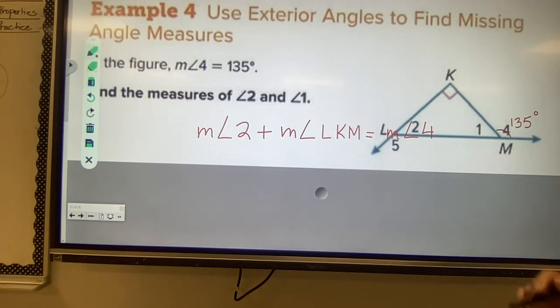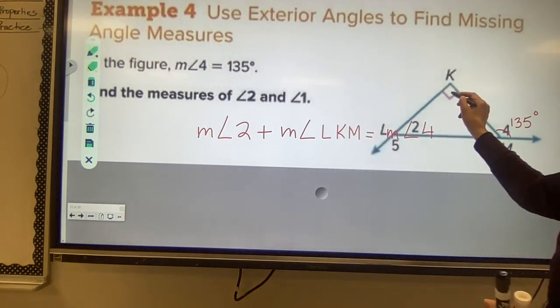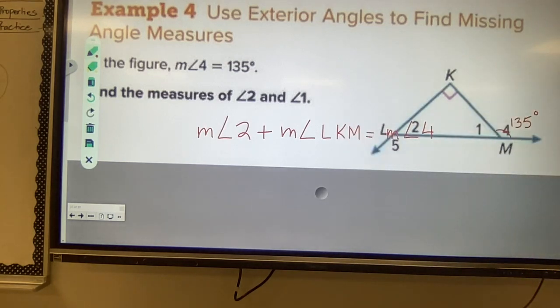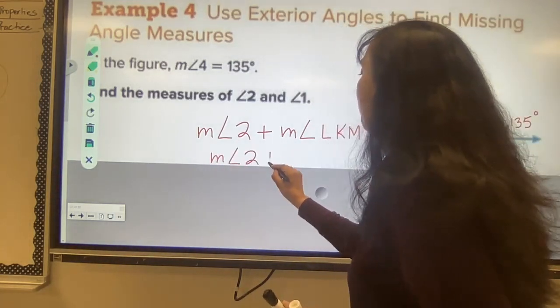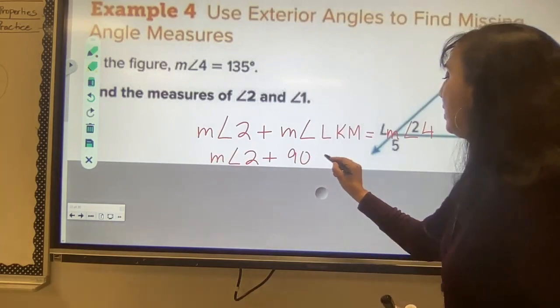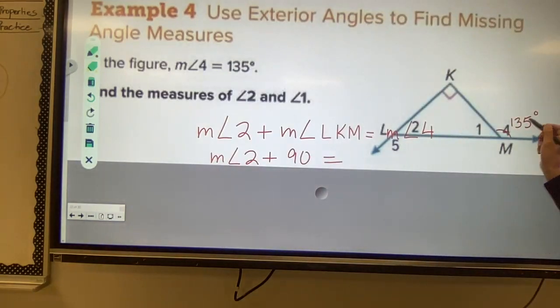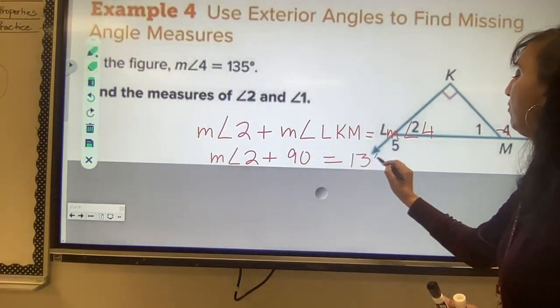We know that this part is 90 degrees, right? So we have the measure of angle 2 plus 90 degrees is equal to the measure of angle 4, which is 135 degrees.